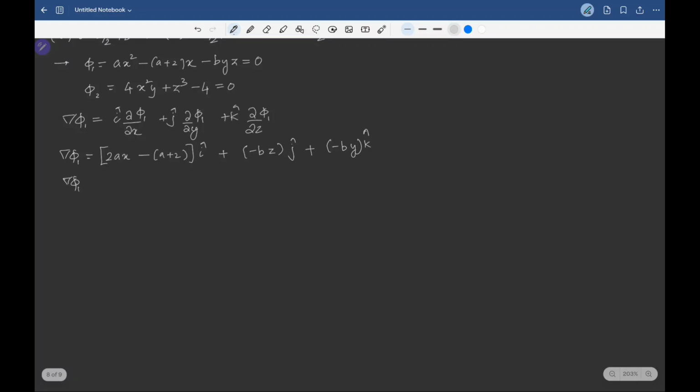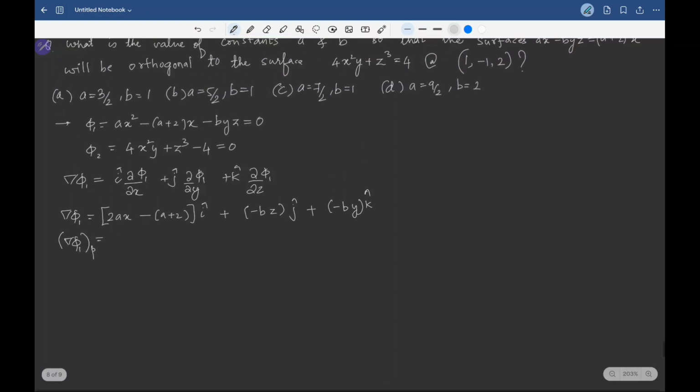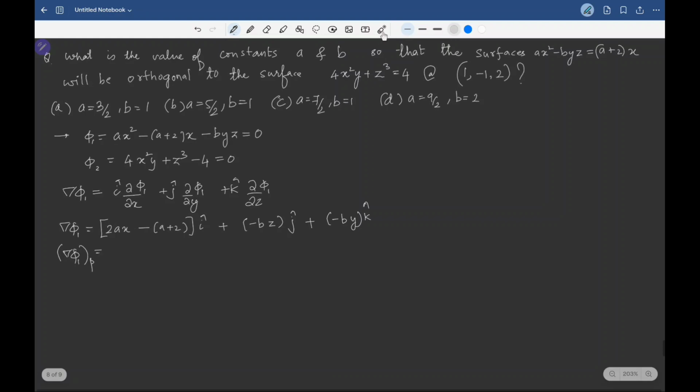If we substitute the values of the coordinates here, what is the coordinate? I'll write it down here first. P is equal to 1, minus 1, 2.